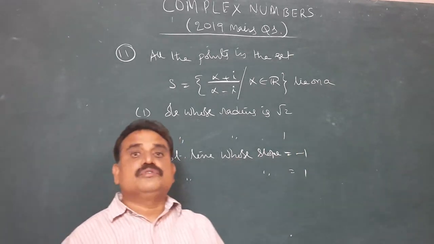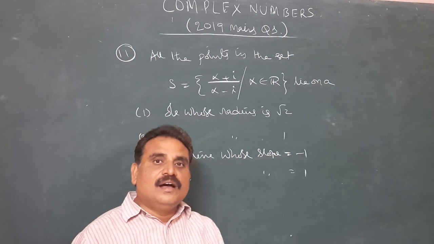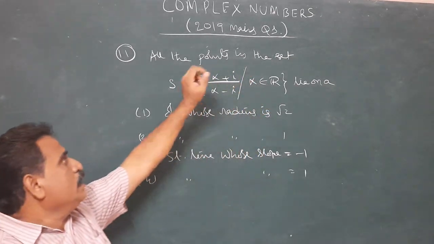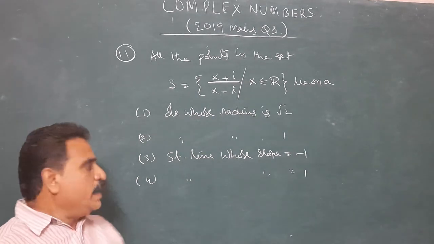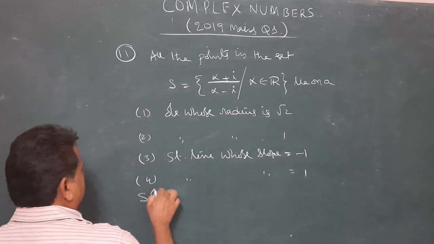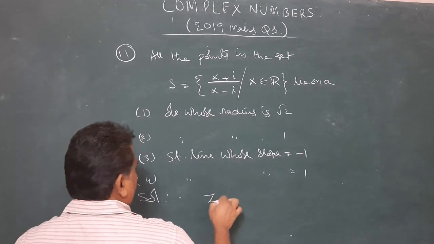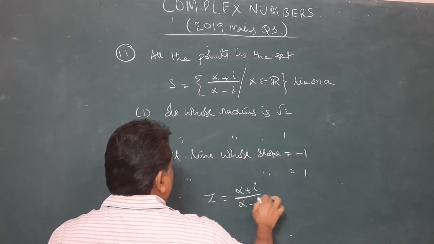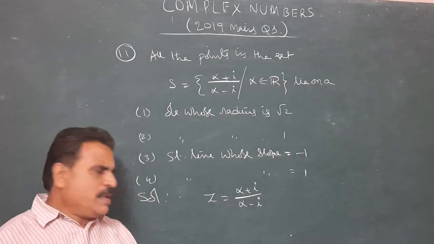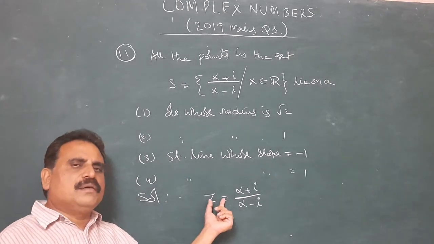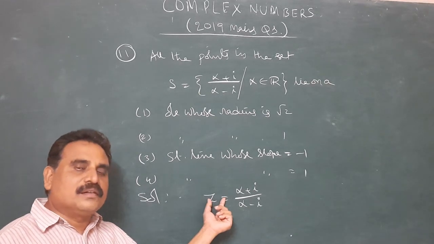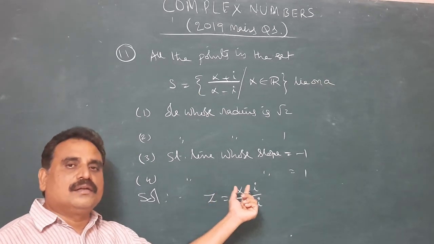First of all, observe the set, that is S equal to set of all (α + i)/(α − i). Let us take z equal to (α + i)/(α − i). By observing the complex number, it is clearly unimodular. |z| is 1.